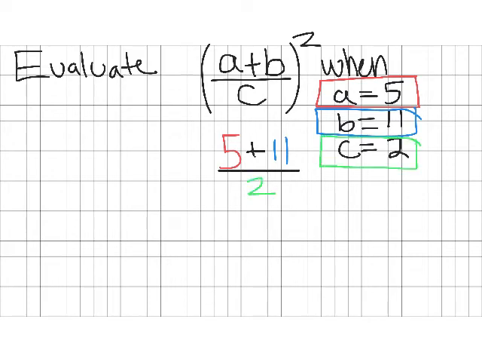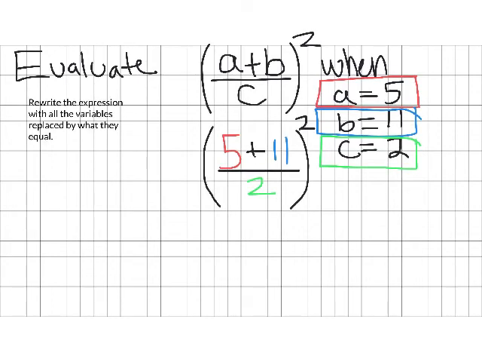So I'll put a 2 down below. And then there were some big parentheses and a squared up top. So that's always your first step, is to rewrite the whole expression, but with the numbers in place of which variable they equal. Then we follow order of operations.